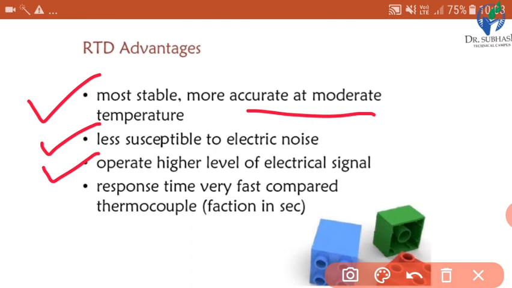Response time is very fast compared to thermocouple. It means the response time is in the fraction of a second. So this is also an advantage for RTD.